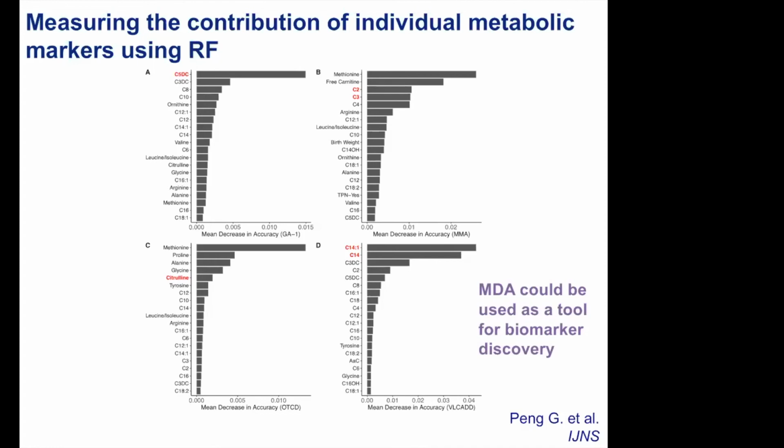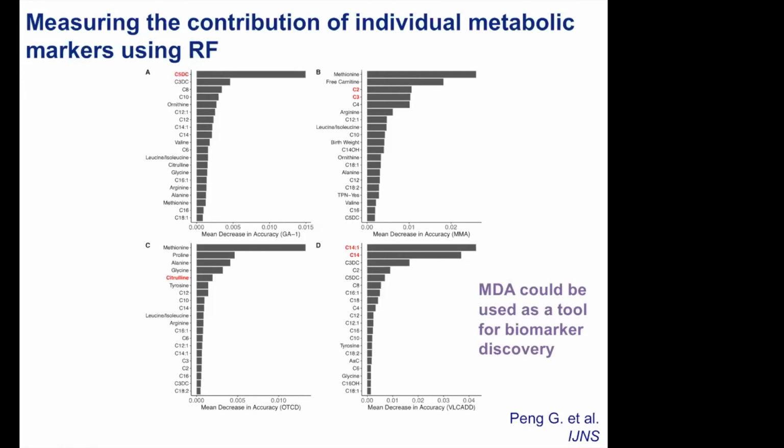In this figure, only the 20 top-ranked analytes and variables are shown for each disease. The primary screening markers for each disease are labeled in red. For example, C2 and C3 for MMA in panel B.